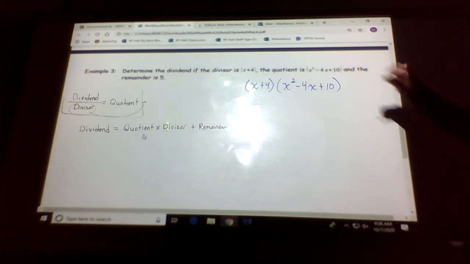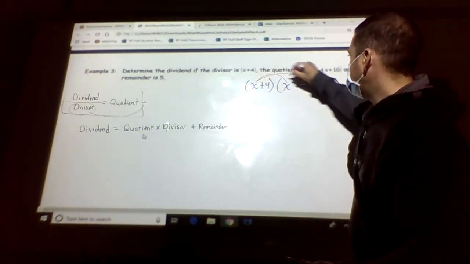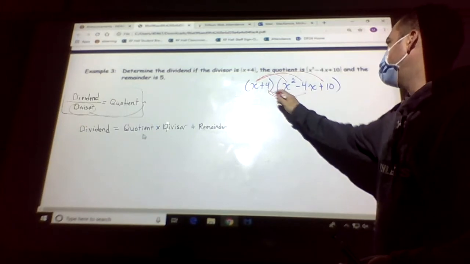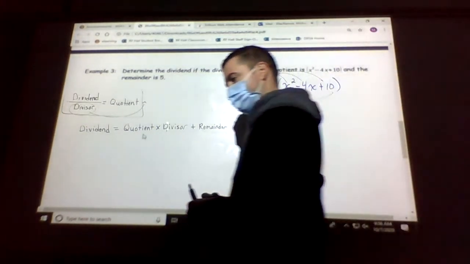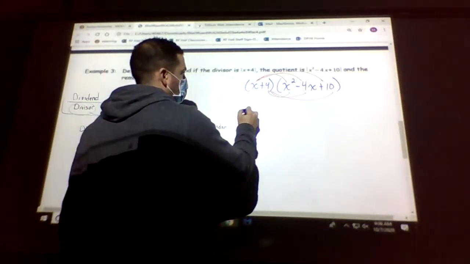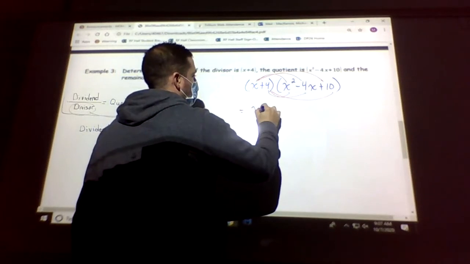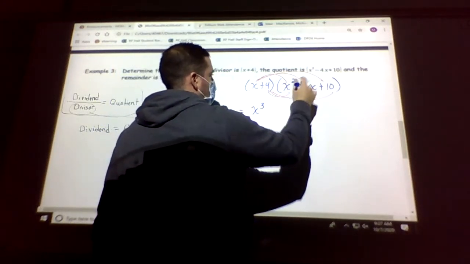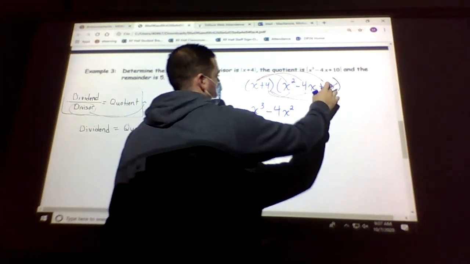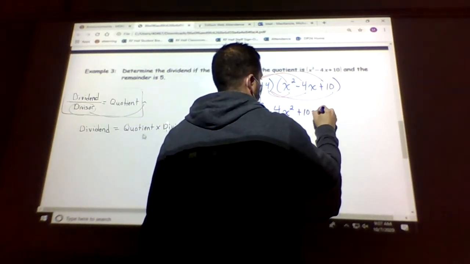We take the x, multiply it to each term, take the 4, multiply it to each term. X times x squared is x cubed, x times negative 4x is negative 4x squared, x times 10 is 10x.